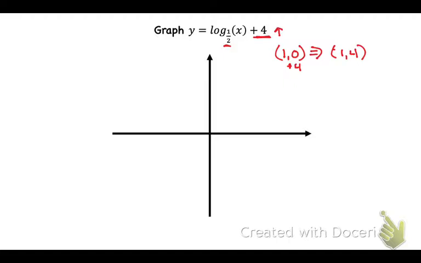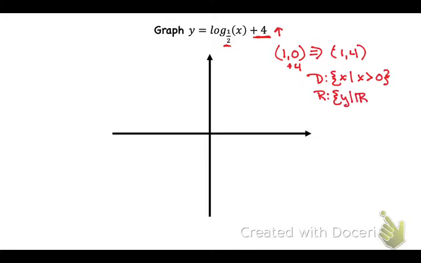Is it going left or right? No. Is it being reflected? No. So my domain is going to be x such that x is greater than 0 because nothing changed on it, right? My range is going to be what?